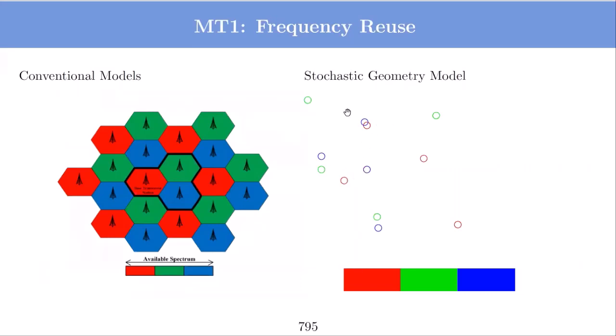You take each point and assign a mark from 1 to 3 randomly. Whatever is 1, you assign to the red spectrum. All the points with mark 2, you assign to the green spectrum, and those with mark 3 to the blue spectrum. This way, you can model the frequency use in a wireless network.